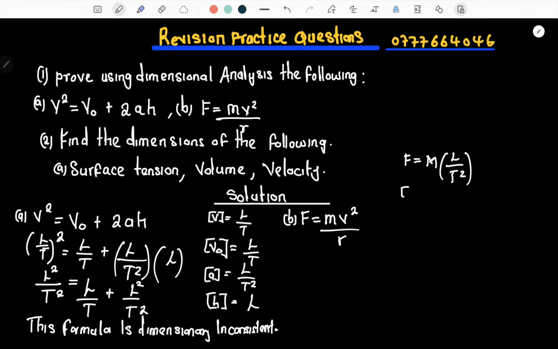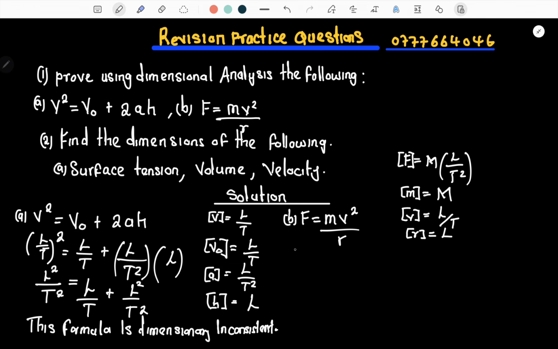The dimensions of mass is simply capital letter M. The dimensions of velocity is something that we explained to be L over t. The dimensions of radius, because radius is some distance, will still be L.